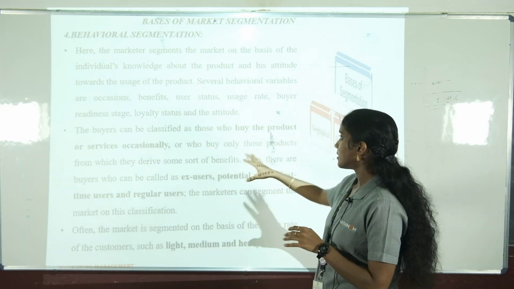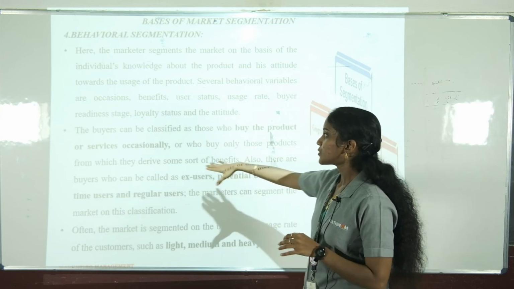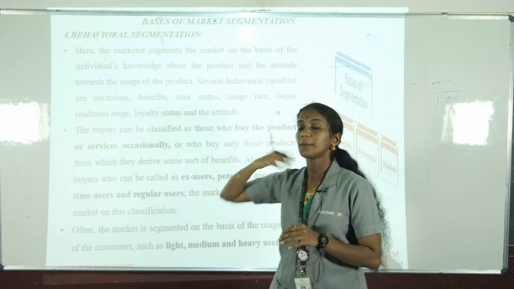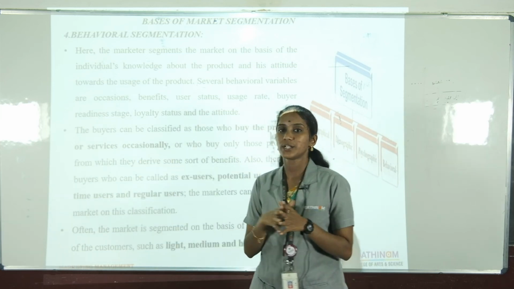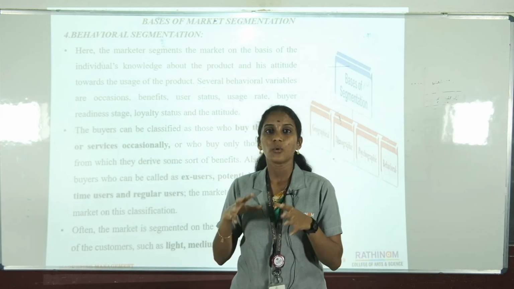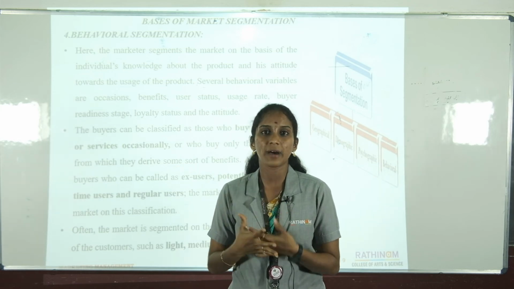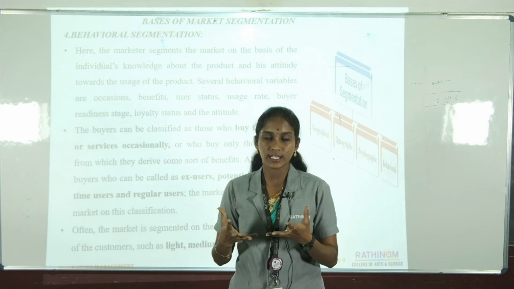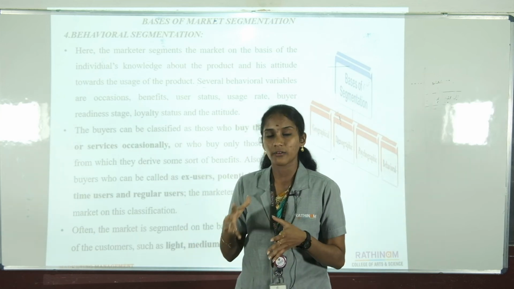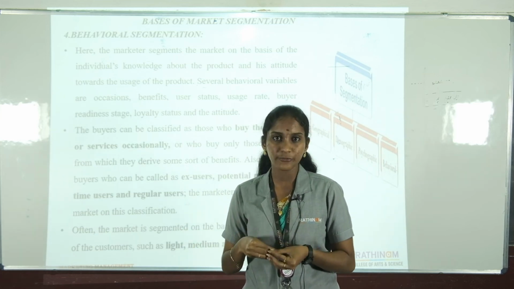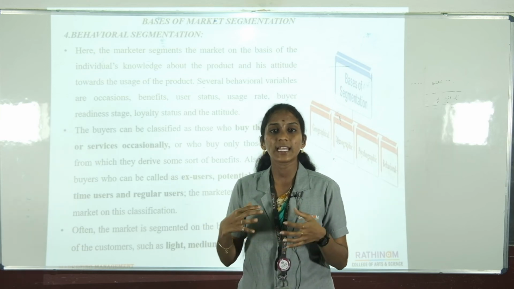The important thing here is that some types of products we buy in occasional form. Some types of products are bought only on occasions. If I'm going to buy a product that is costlier, I'll buy it only when there is a need, and I'll buy the product in a higher range.